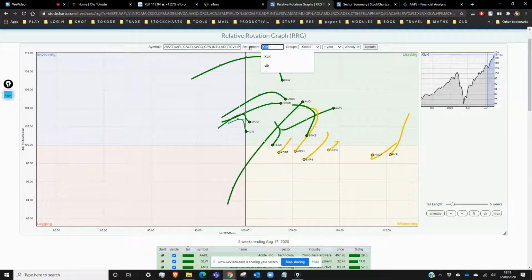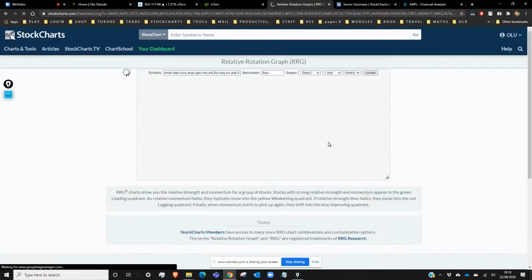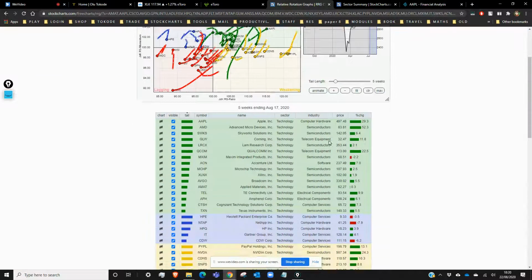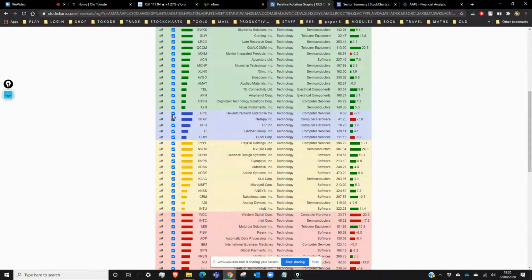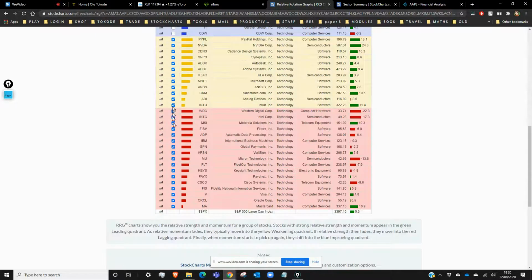How about using the SPX as the benchmark? Right, so I'm going to use the SPX as a benchmark. See what that looks like. I have to reset. So take these away, and these ones.